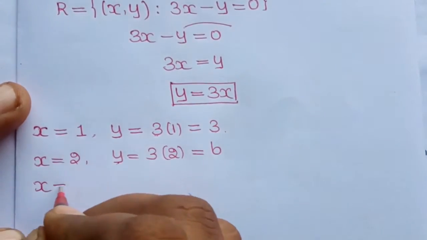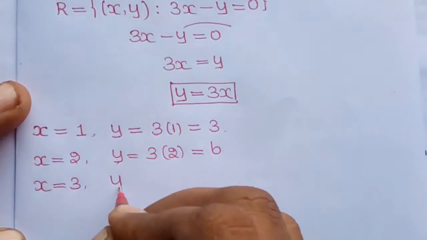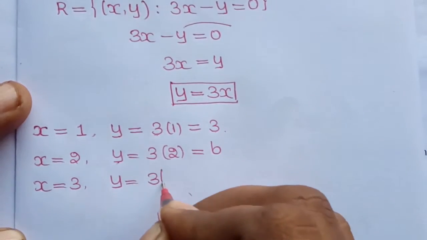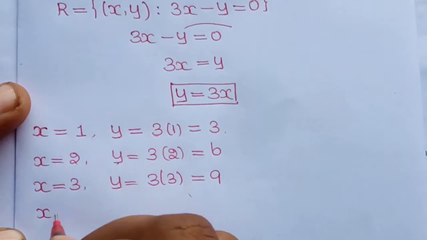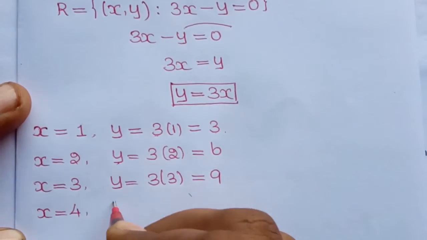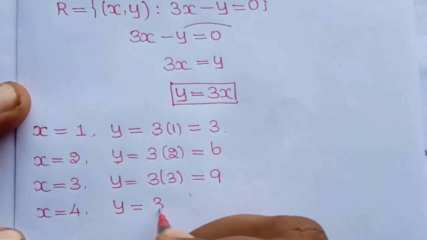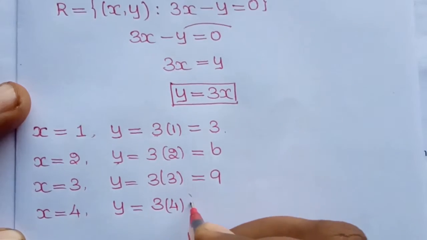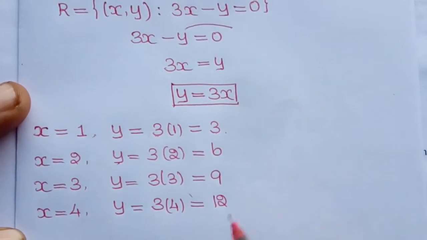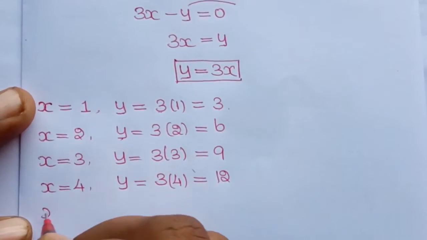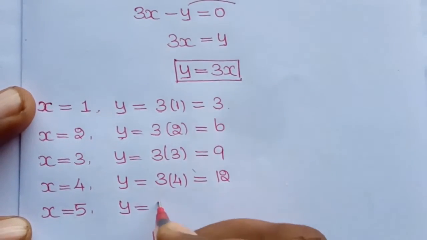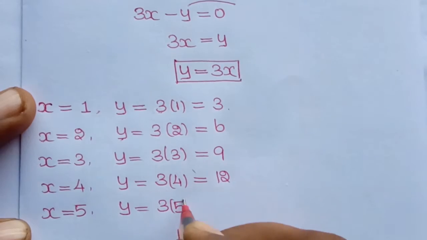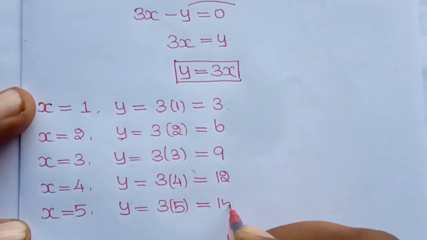When x is equal to 3, y is equal to 3 into 3, which is 9. When x is equal to 4, y is 3 into 4, which is 12. Suppose we take x equal to 5, then y is equal to 3 into 5, 15.